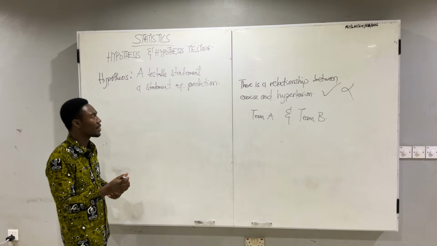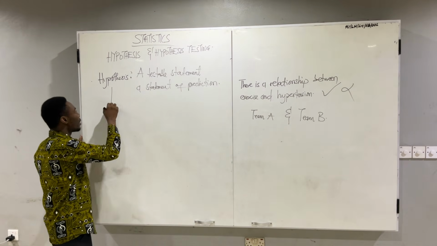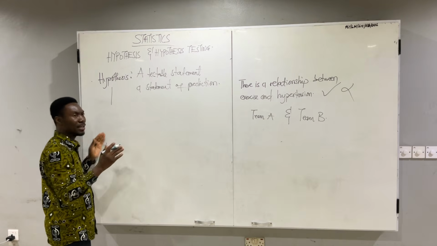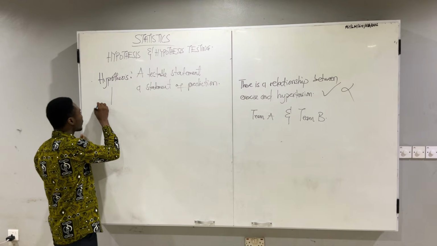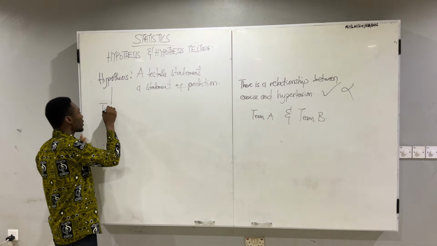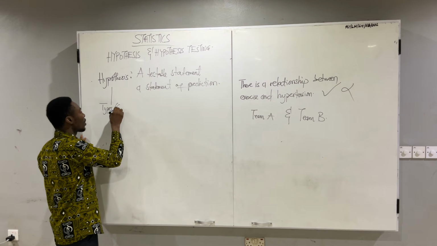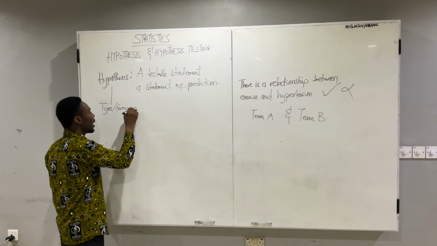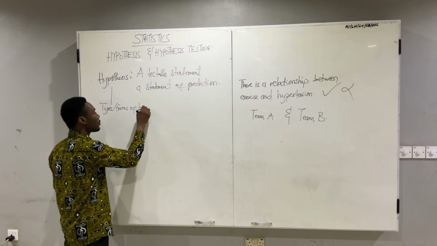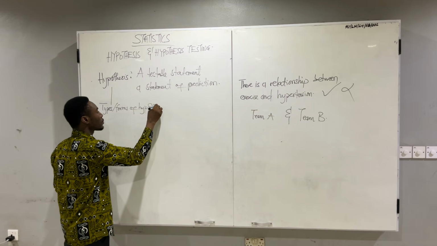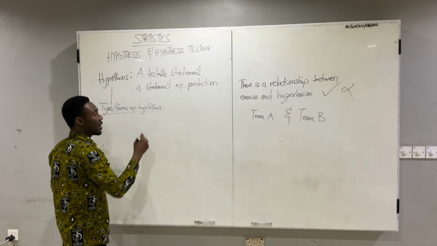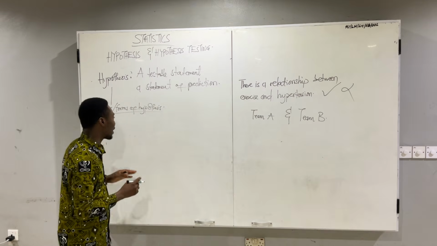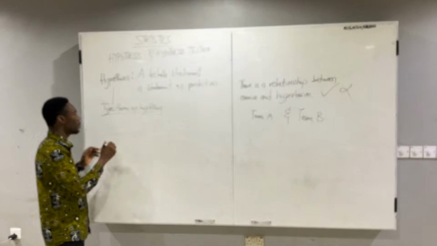Now, in statistics, hypothesis is usually in two forms. So we have types of hypothesis or forms of hypothesis. Now, in statistics, we have two forms of hypothesis.